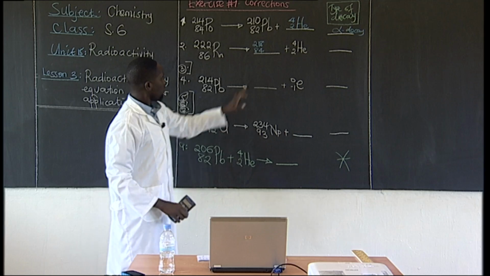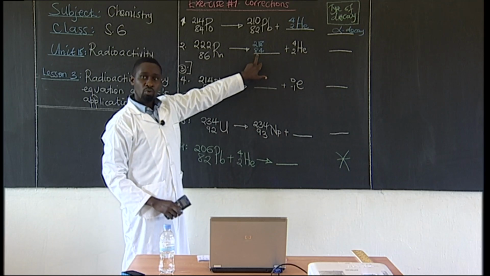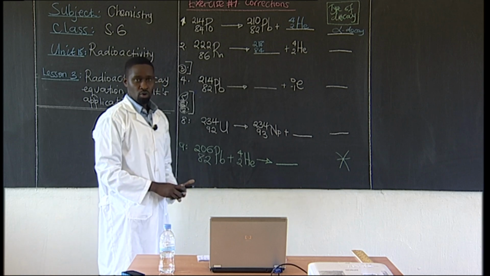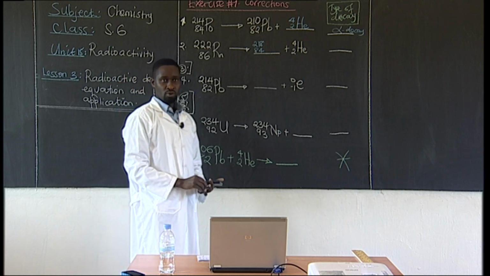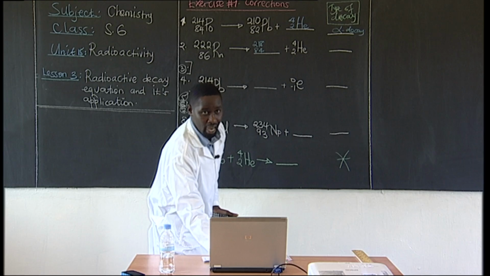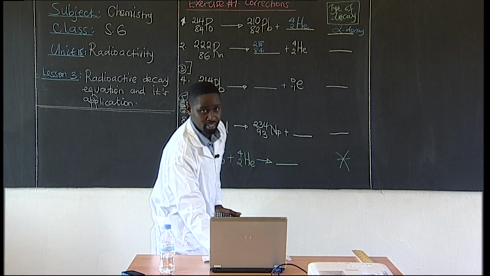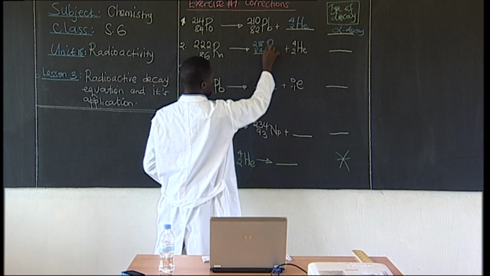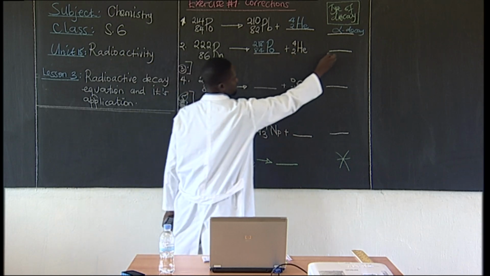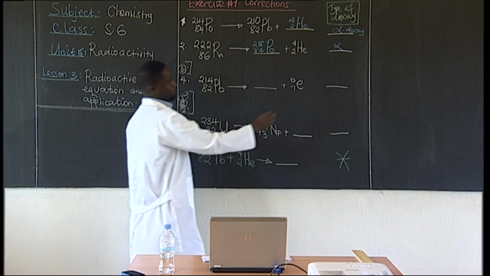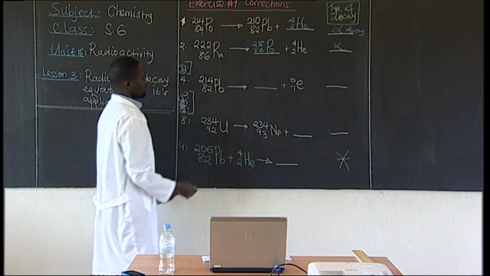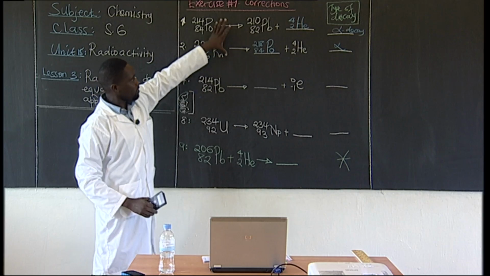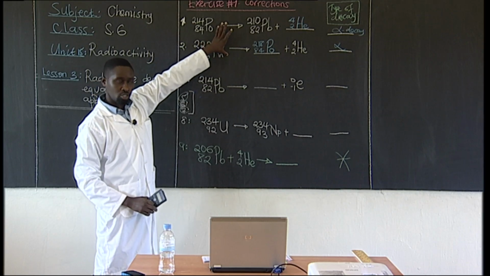So now, for 84, we go back and check on the periodic table. It is just after bismuth, and that is polonium, so it is Po. Also, this is alpha decay. So this is for helium, or helium decay, or alpha decay. That is how you quickly get the answer.